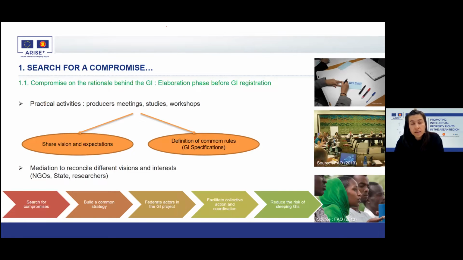And in the end, this effort to implement a participatory strategy and approach will be considerably valuable because it will reduce the risk of slipping GI. So it's like an investment that you will have returns in years, but it will be very, very valuable after the GI registration.